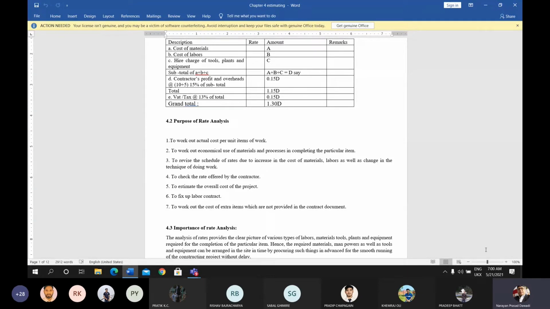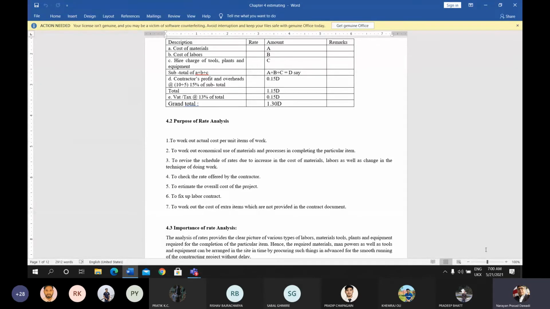To work out the cost of extra items which are not provided in the contract document: the extra items that may not be provided in the contract document can also be calculated using the rate analysis. If we have the rate analysis of the scheduled items in the estimate, fine.